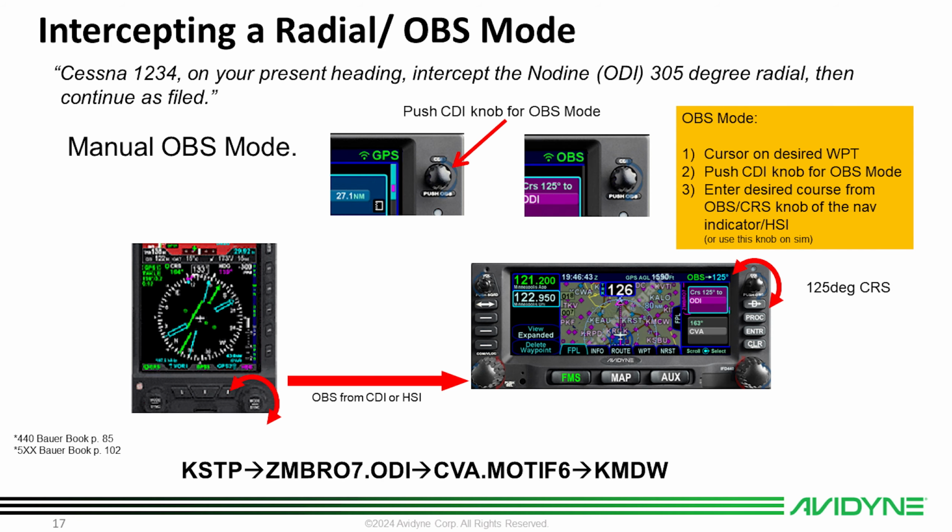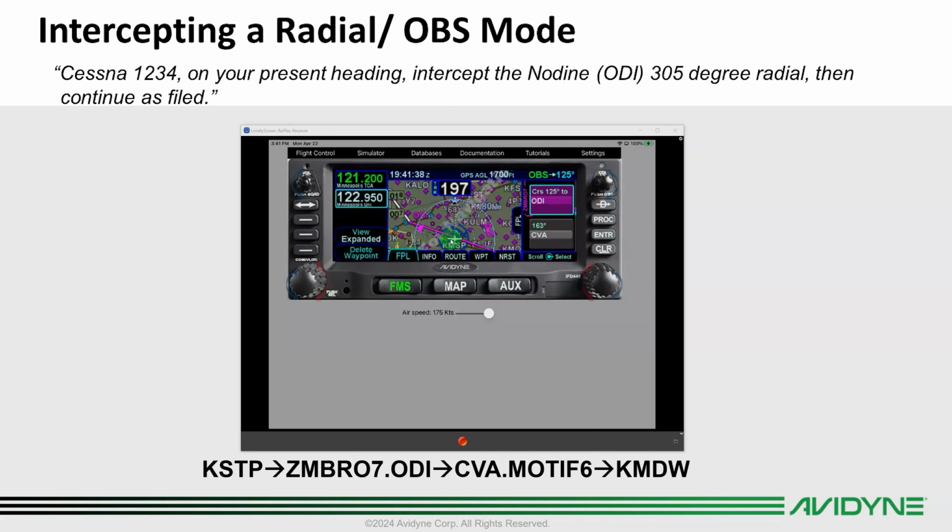Again, if you're hooked to a CDI, you can change it there, or from your HSI if that's what it's slaved to. So now we're going to dial that in, and we're going to intercept the 125-degree bearing to ODI, which would be the 305-degree radial. So off we go. Now we just skipped all those other waypoints, and we're going direct ODI on that radial.